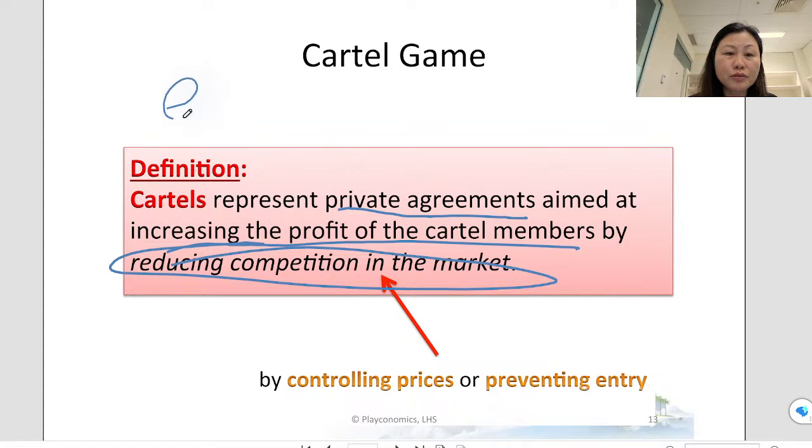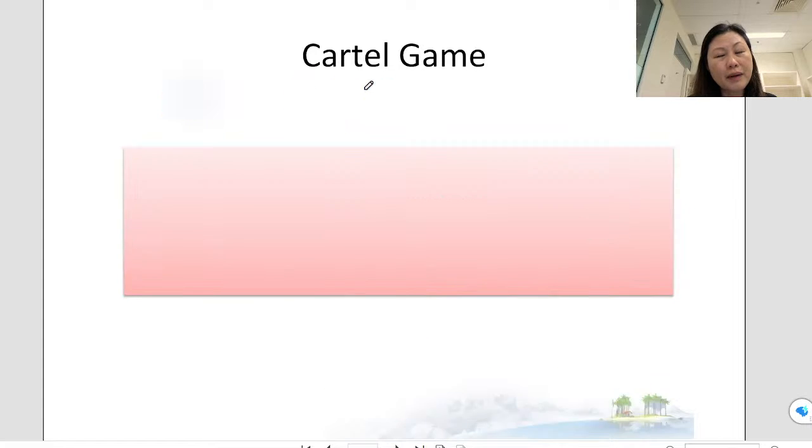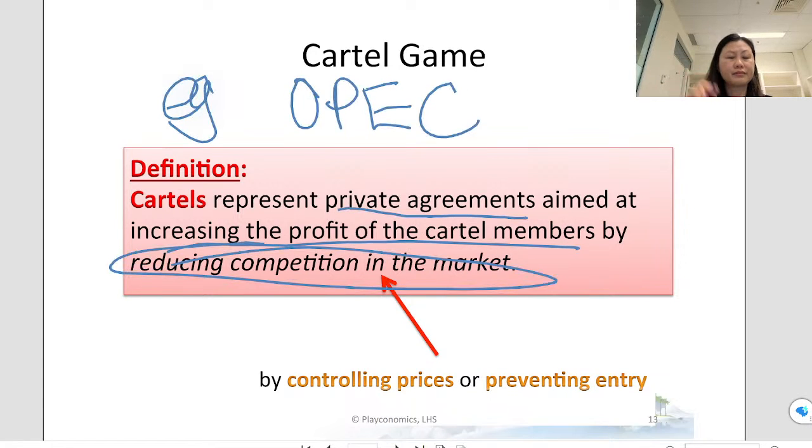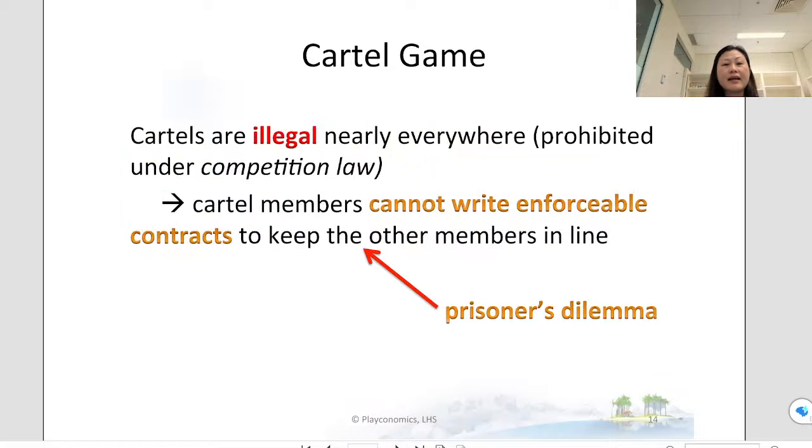An example of a cartel is OPEC. We also state that cartels are illegal nearly everywhere. It is also illegal in Saudi Arabia. Cartel members cannot write enforceable contracts to keep other members in line, which is what they call a prisoner's dilemma.